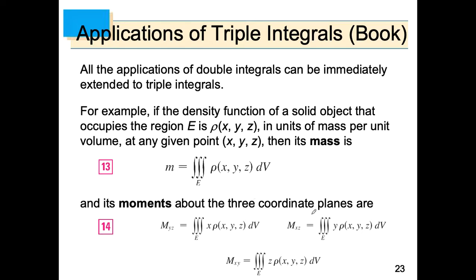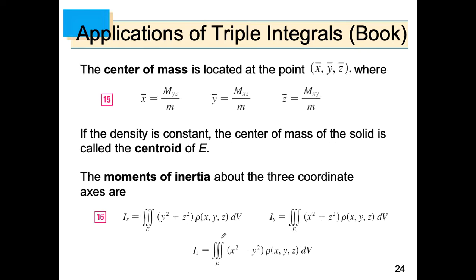Based on things that we learned back in Calculus 2, you can also find their moments. That's really important because since you can find the moments, you can find the center of mass of the solid as well. Let's say the solid had uniform density throughout, but was irregularly shaped.